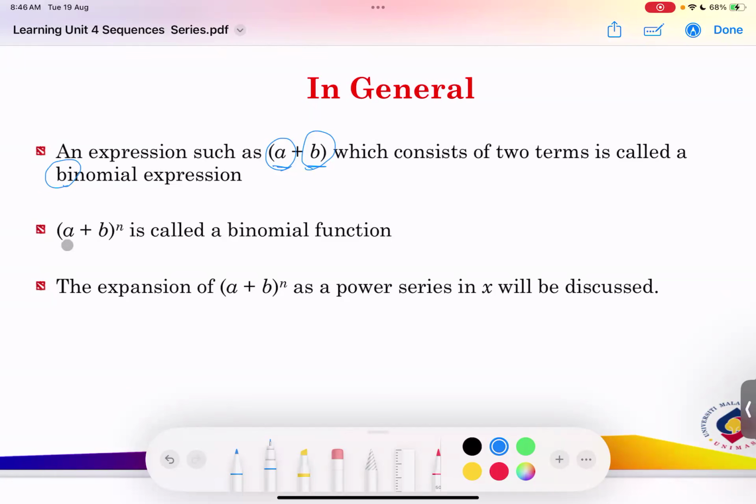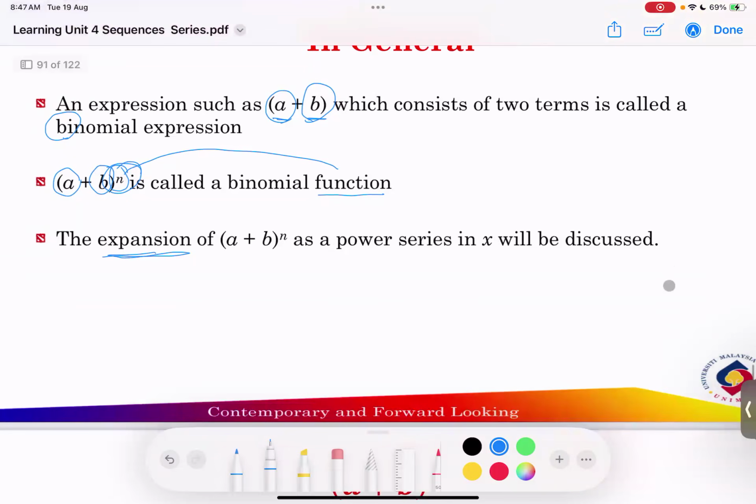So (a + b)^n is called a binomial function. The expansions of (a + b)^n as a power series in x will be discussed in this subtopic, expansion. Okay, so we look into this one.